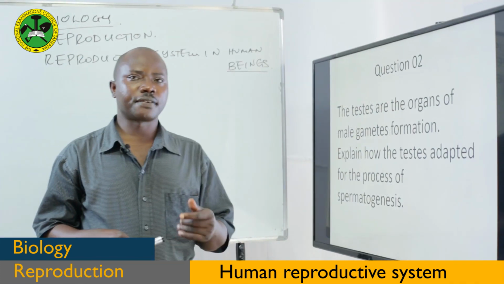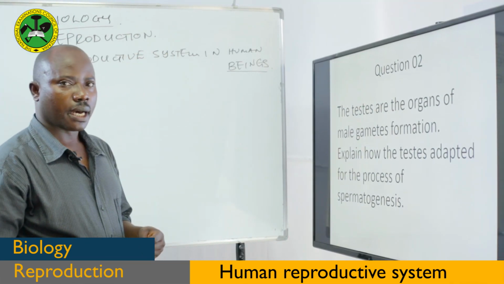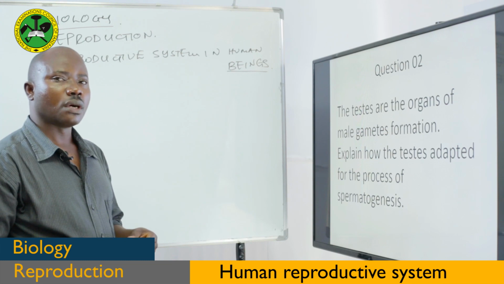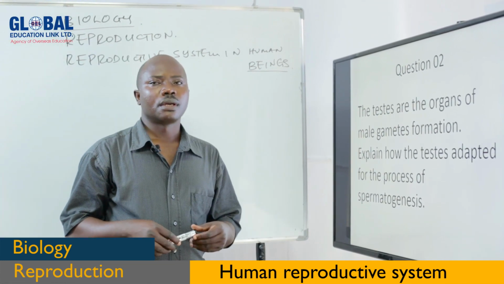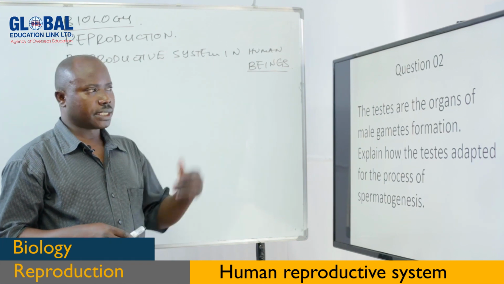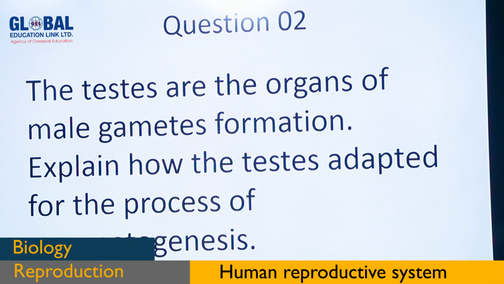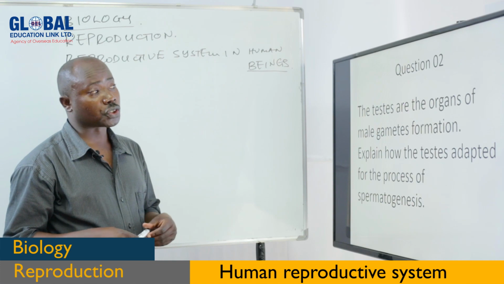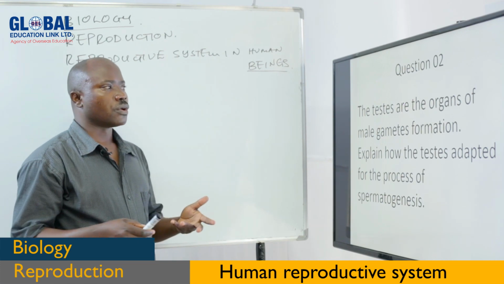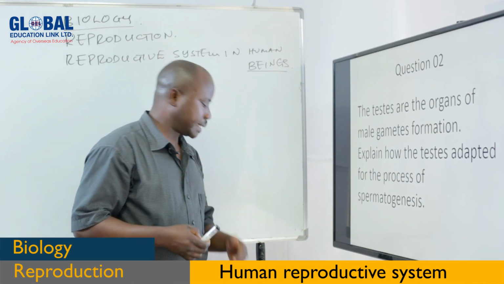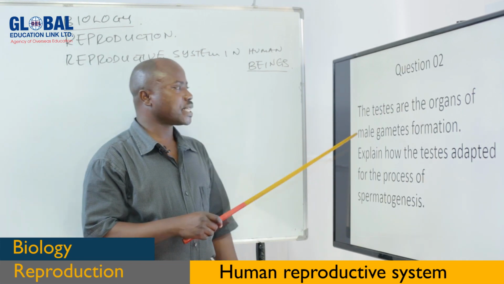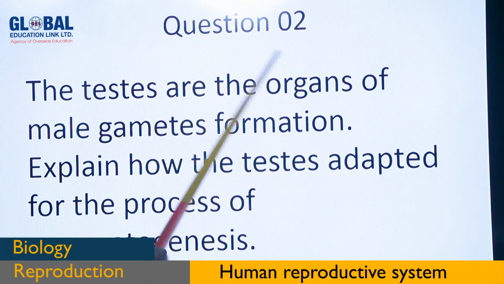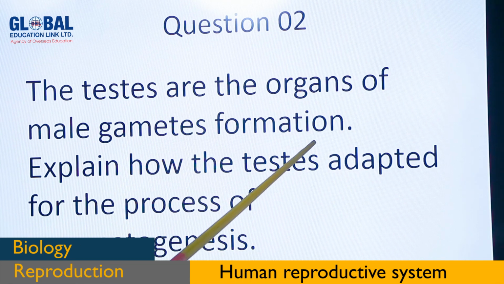Dear students, we have done the first question, and I have shown you how you could answer it. Now, this is the second question. We are going also to see how to answer this question. Question number 2 reads: the testes are the organs of male gametes formation.